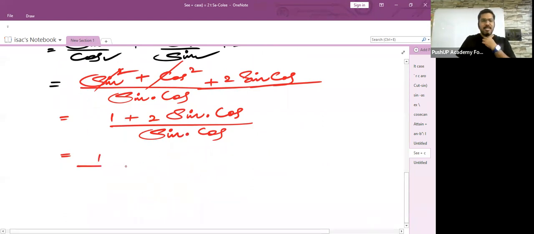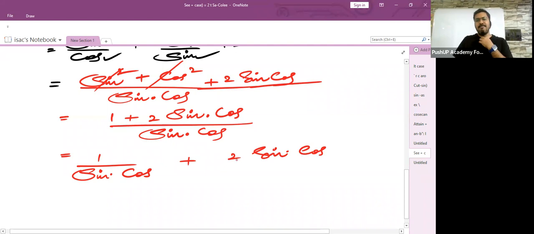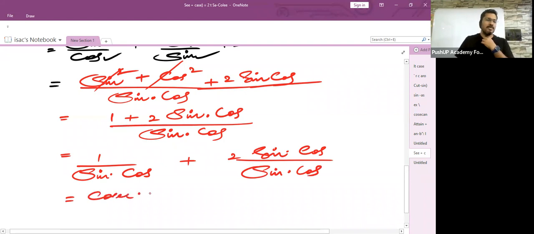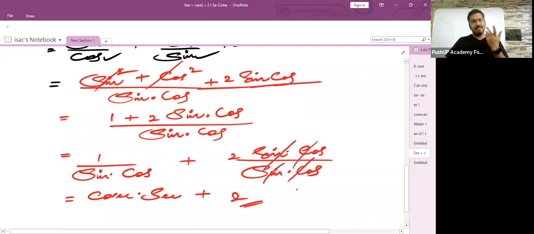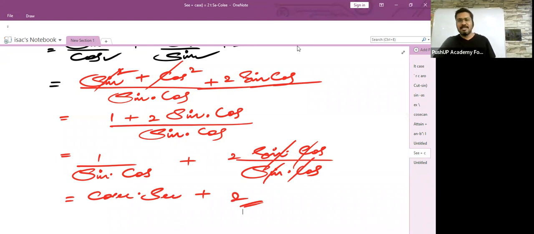You get 1 upon sine into cos plus 2 sine cos divided by sine into cos. What is 1 upon sine? Cosec. 1 upon cos? Sec. Plus, sine cos cancel, and we get 2. We get the answer. So those students who started with the other method, don't get discouraged and stop in between. Please continue. You will get the answer.